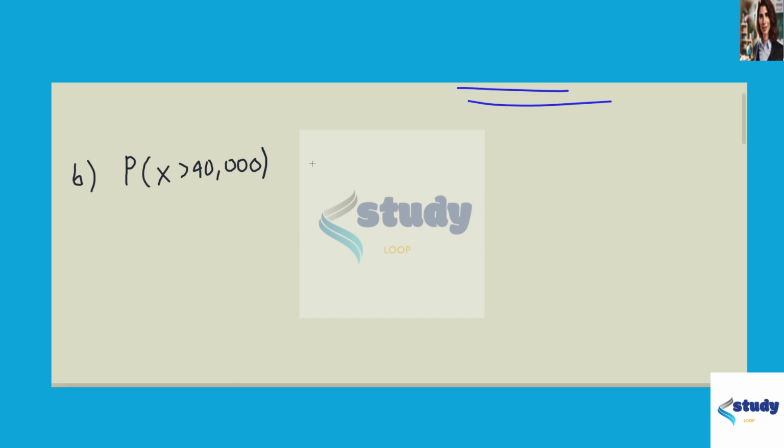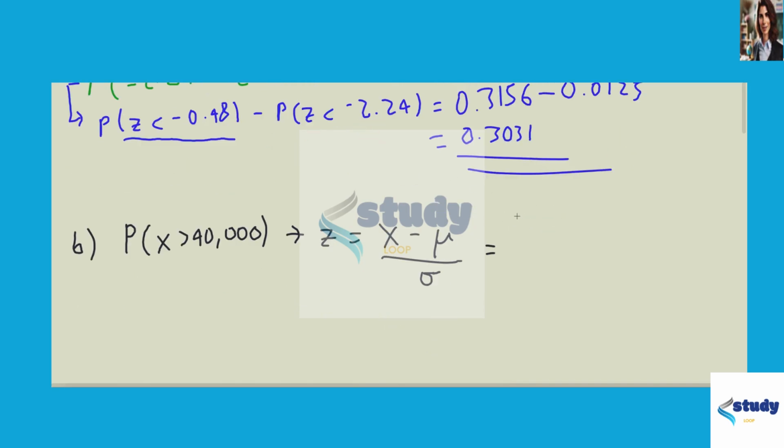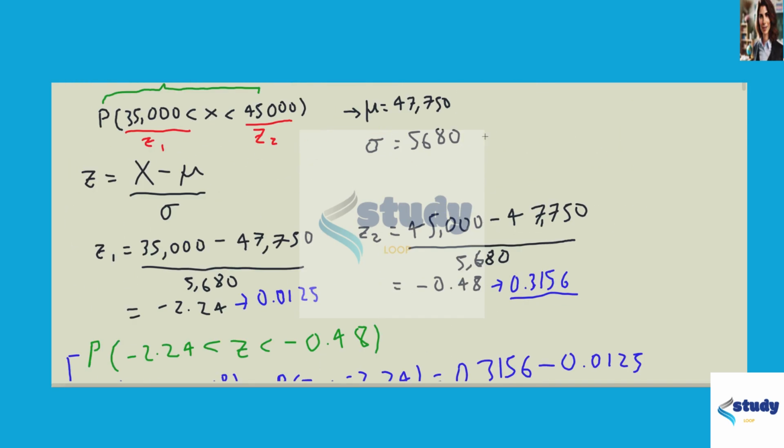To solve this, we're just going to use the same formula, Z is equal to X minus mu over sigma, and we know that mu and sigma stay the same. Mu is 47,750 and sigma is 5,680.